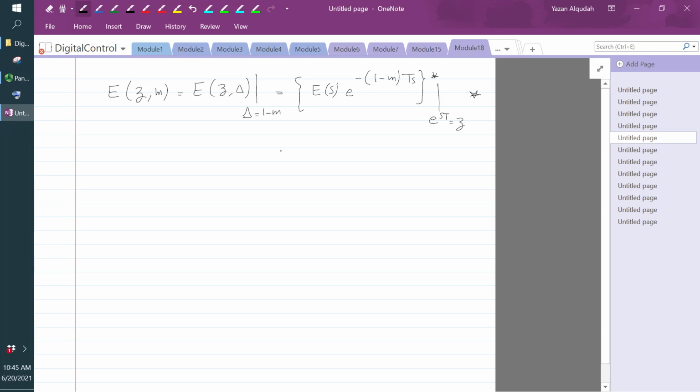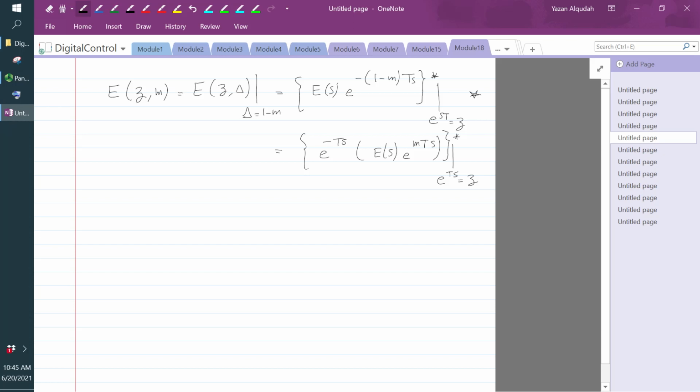Now this is going to equal e to negative T s multiplied by E of s e to m T s, star, and we are replacing e to Ts with z.